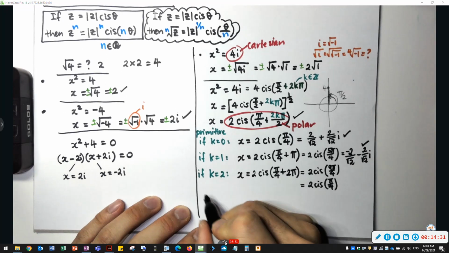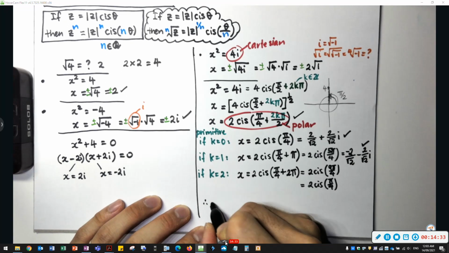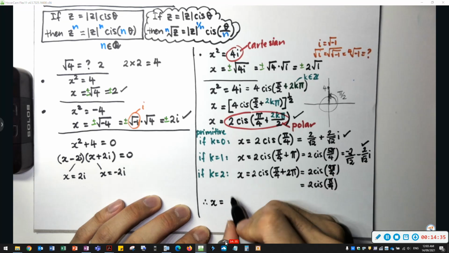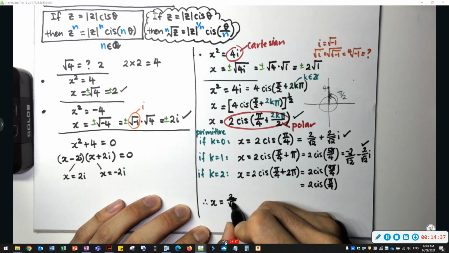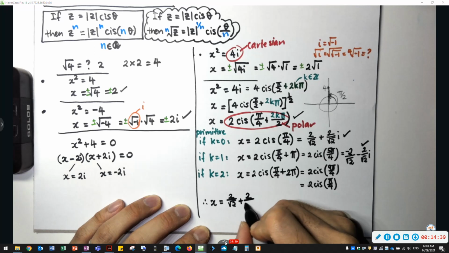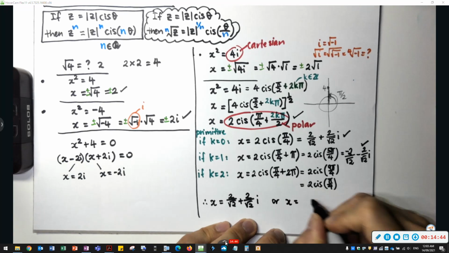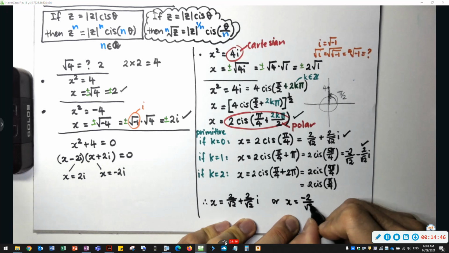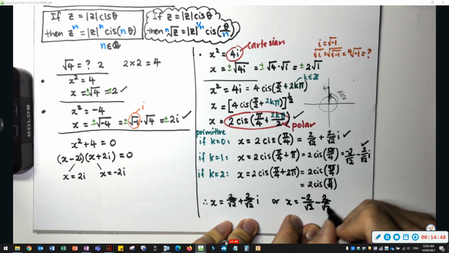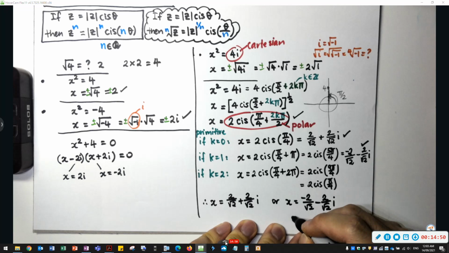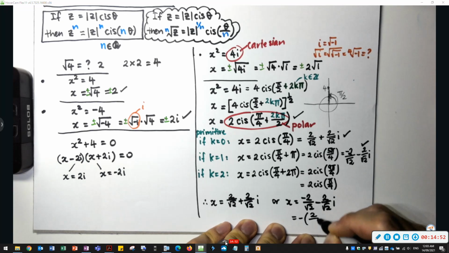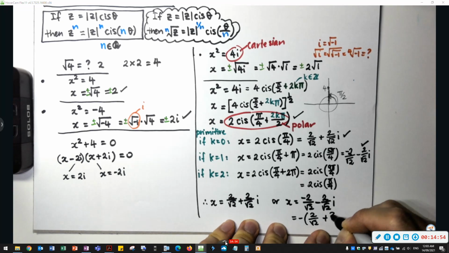So I'll just summarize this, okay? So therefore, x equals 2 solutions. You've got 2 on root 2 plus 2 on root 2 i, or x equals negative 2 on root 2 minus 2 on root 2 i. You could really say it's just the negative of 2 on root 2 plus 2 on root 2 i.